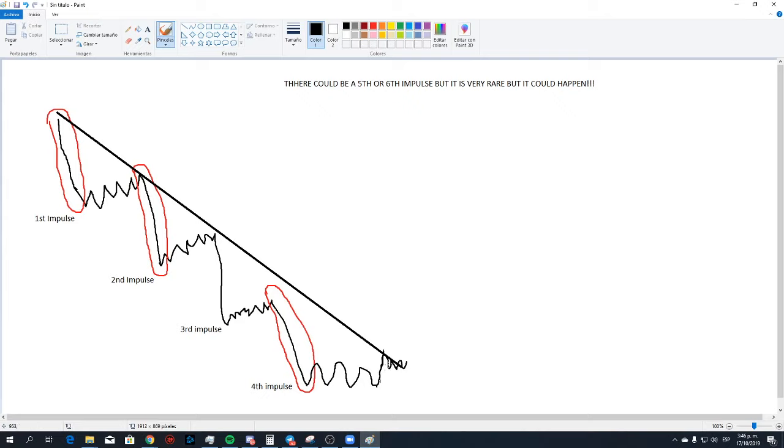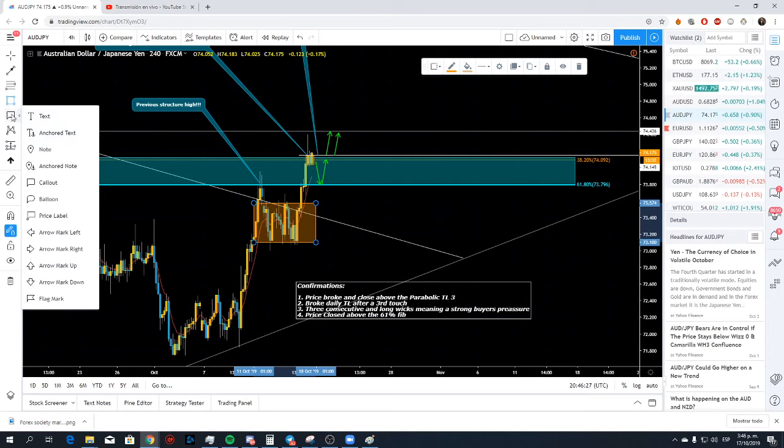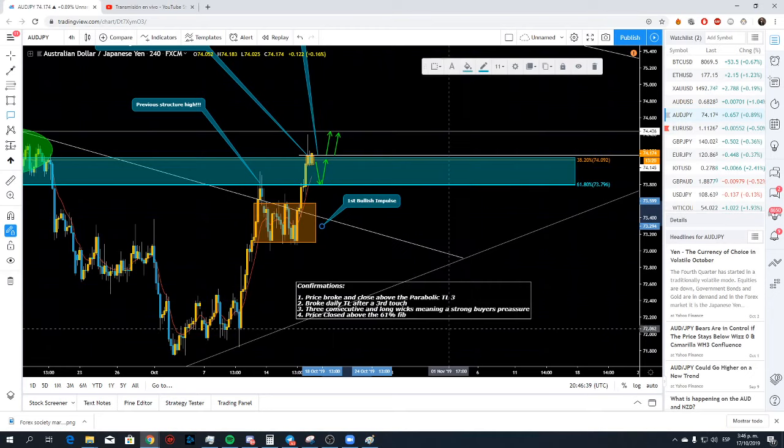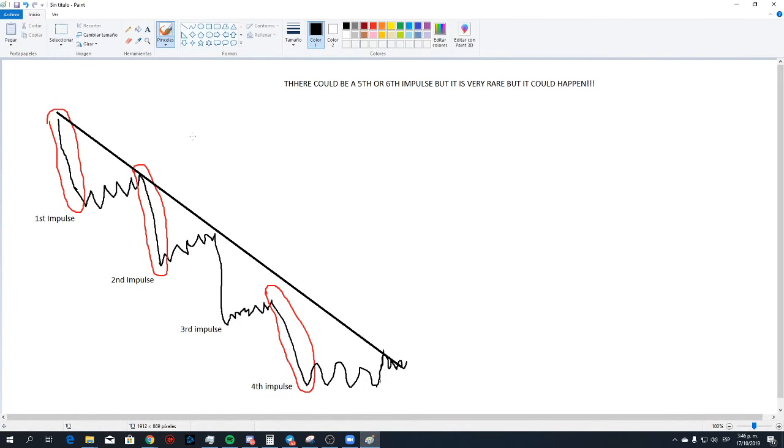This is our first impulse, first bullish impulse. That's our first impulse.